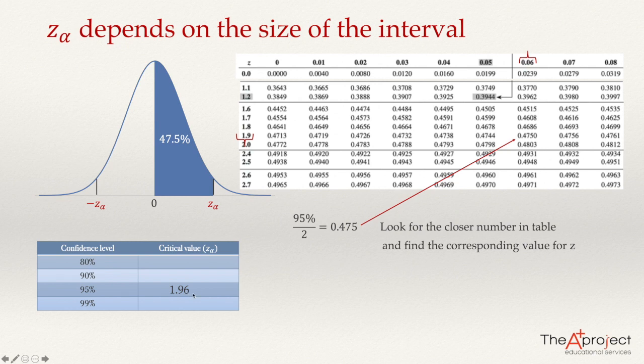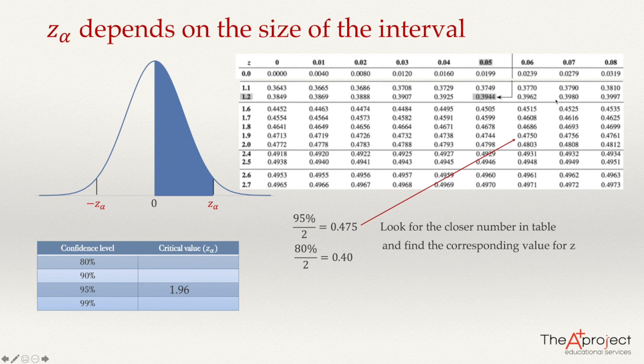Let's do the same with the 80%. If we have the 80%, again we divide 80% by 2, and it will be 0.40, and then look in the table for the value closest to 0.40. And if I see, this is 0.38, 0.3907.